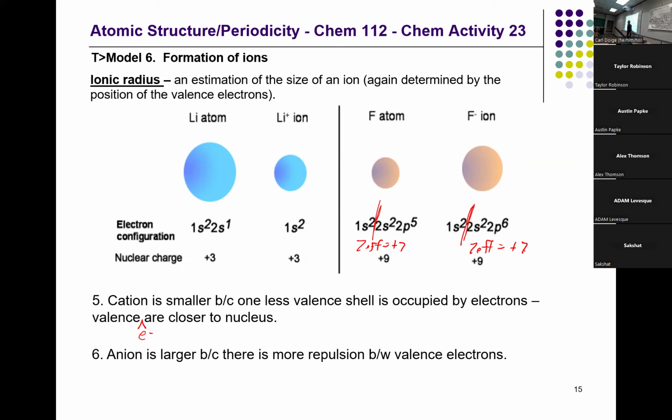And as I alluded to, they're going to see that positive charge even better, because they're not shielded. But you can talk about that, and I think it's good enough just to say that there's one less valence shell, so they're closer to the nucleus. Are those making sense? No problem. So that's just going from the atom to the relative ions.